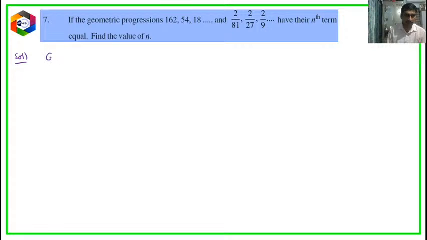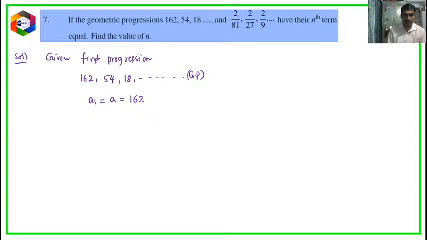Given the first progression. What is the first progression? 162, 54, 18 and so on. This is a GP, geometric progression, very clearly. So a1 is equal to a is equal to 162.